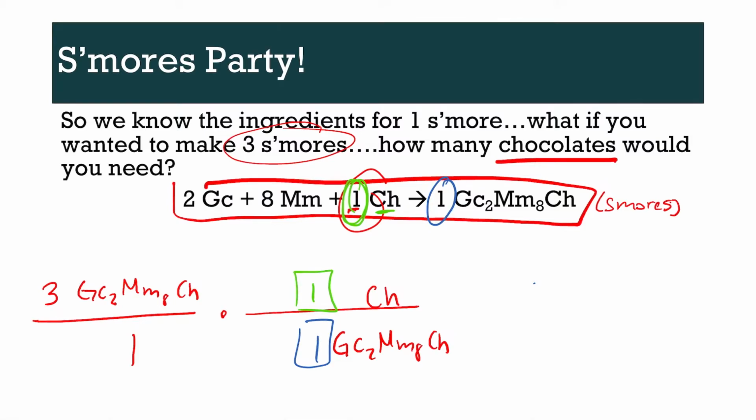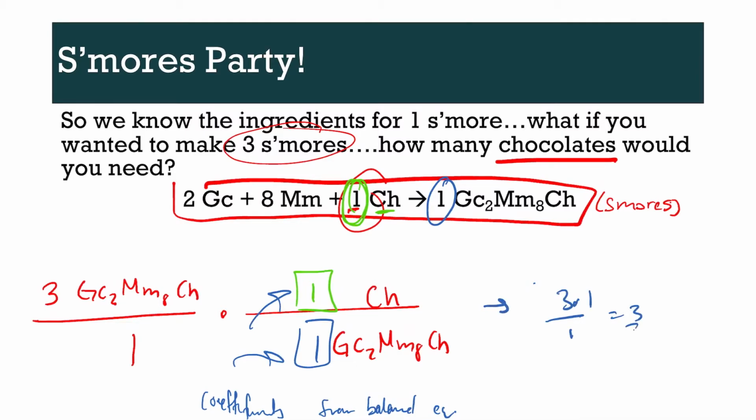These numbers right here are the coefficients from the balanced equation. So now you're left with 3 times 1 over 1, which is 3 over 1, which is 3 chocolates. And you could have been like, well, duh, I knew that 5 minutes ago. Why do we have to do this all? And you shall see. But yes, that's it.